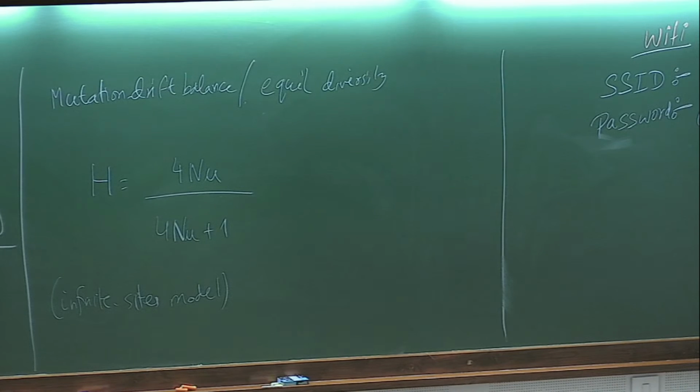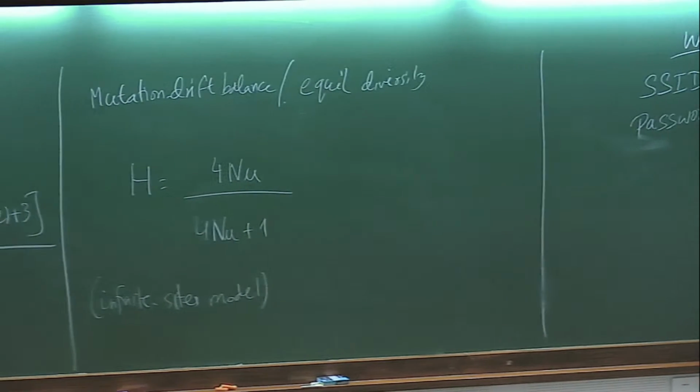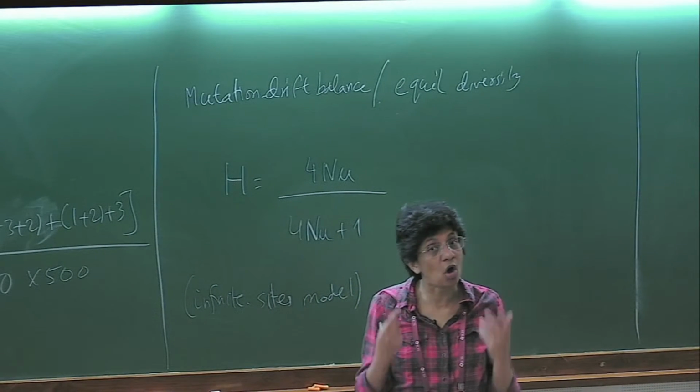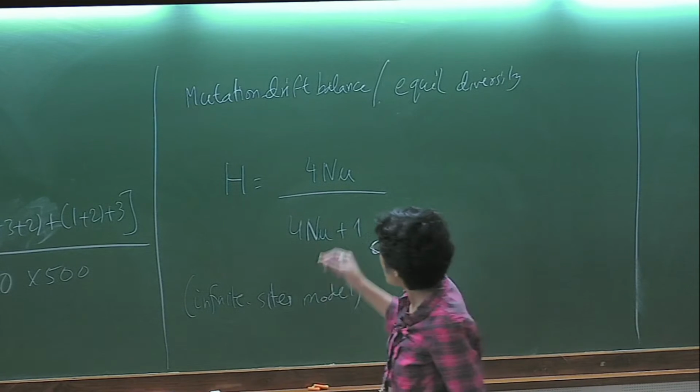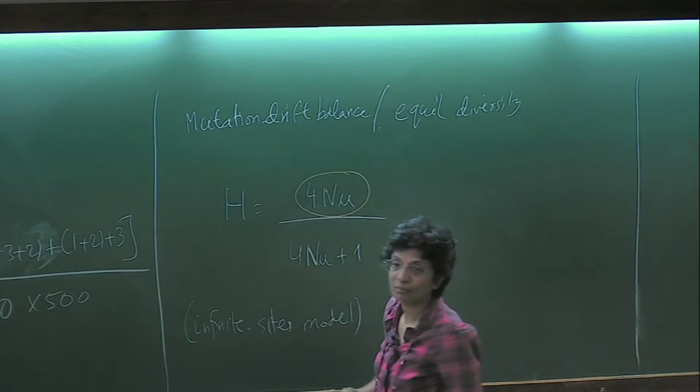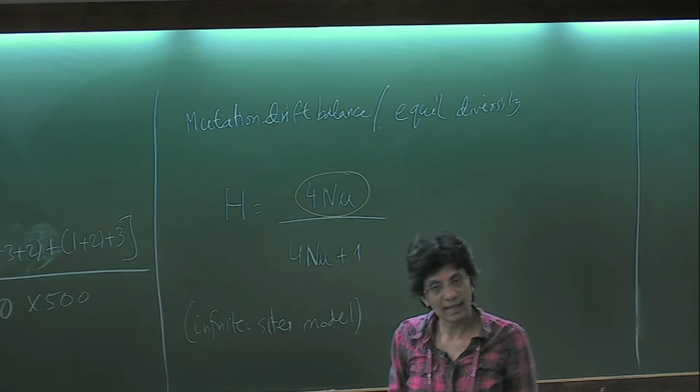But you see, just like we had this combination coming, N times s, drift and selection, here also this kind of composite parameter comes, N times mu. So now I will repeat the same point.